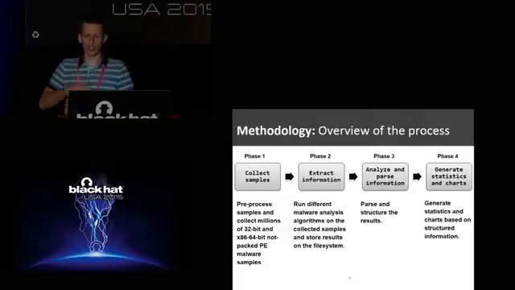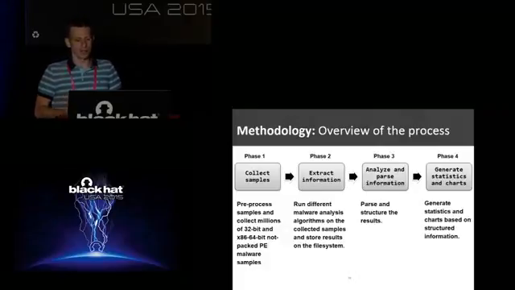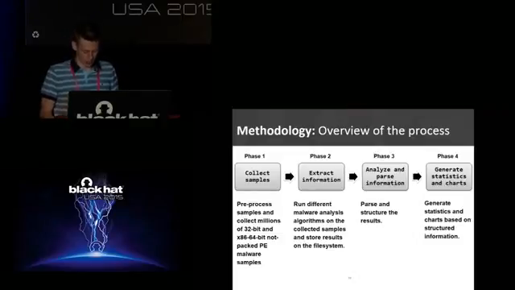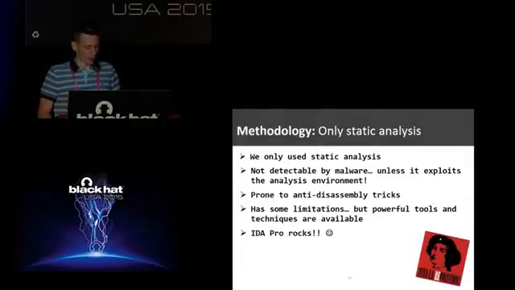So actually, we were running IDA Pro with all the plugins and all the scripts which were generating output data. And then we went through two phases, combining and aggregating all the results, and generating statistics and charts, which we'll present in this presentation. Another important thing to say here is that we were considering only static analysis.